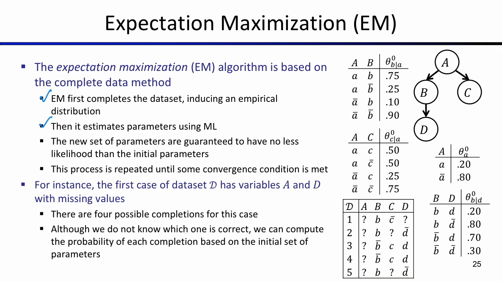And one very interesting and important property of the expectation maximization algorithm is the fact that the new parameters that we're going to use in the next iterations are guaranteed to have no less likelihood than the initial parameters. So we're going to improve those parameters by doing this process. And we're going to repeat this process over and over again until some convergence condition is met.